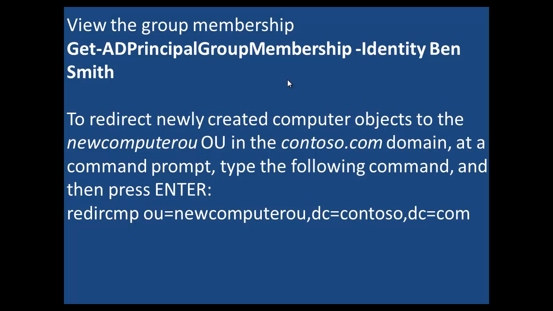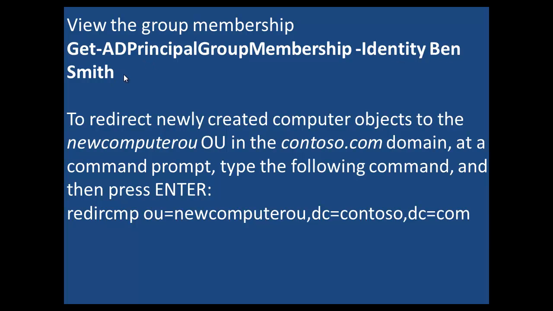We are also able to view group membership with this PowerShell command. You're going to use the Active Directory module for PowerShell. And the command is Get-ADPrincipalGroupMembership -Identity and the name of the user.